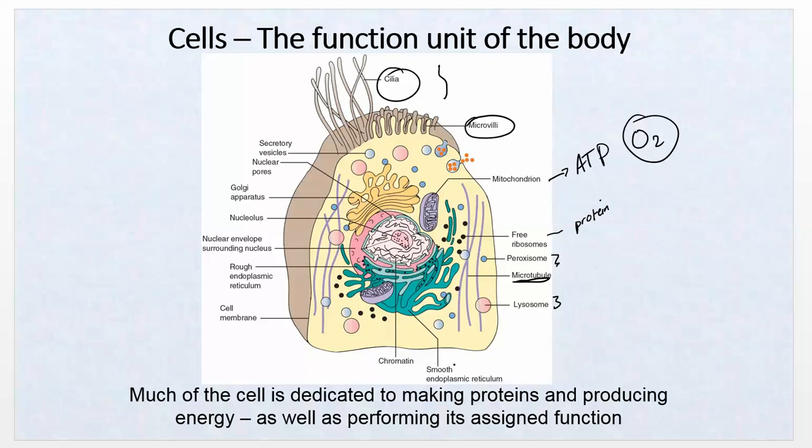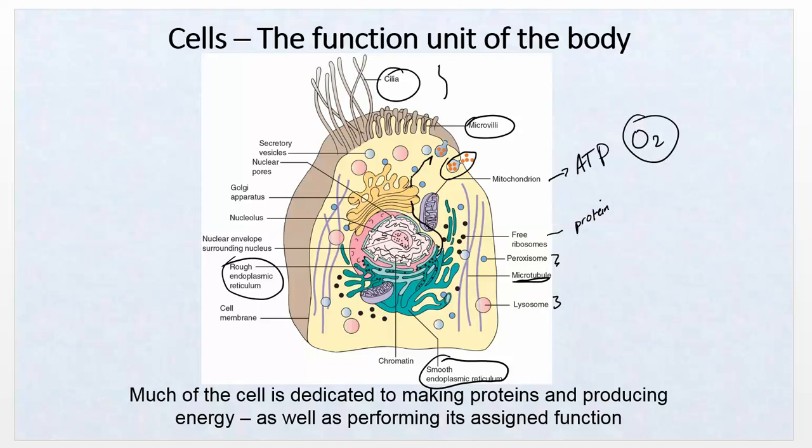Okay. Endoplasmic reticulum, there's the rough endoplasmic reticulum and the smooth endoplasmic reticulum. The rough endoplasmic reticulum is where proteins are being made, specifically proteins that will be excreted, like these guys up here. They'll move through the endoplasmic reticulum and then through the Golgi apparatus, and then they'll be excreted.